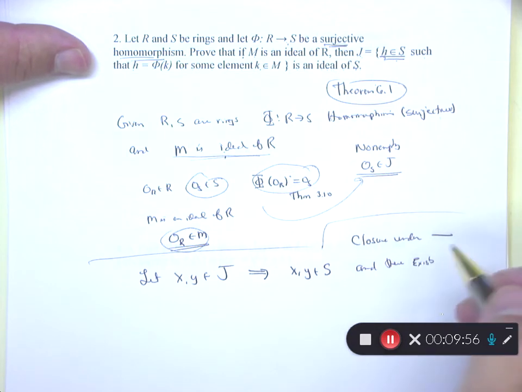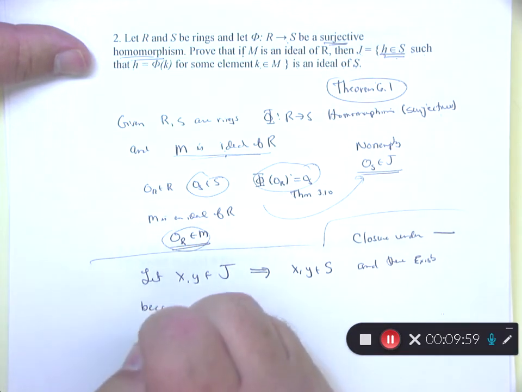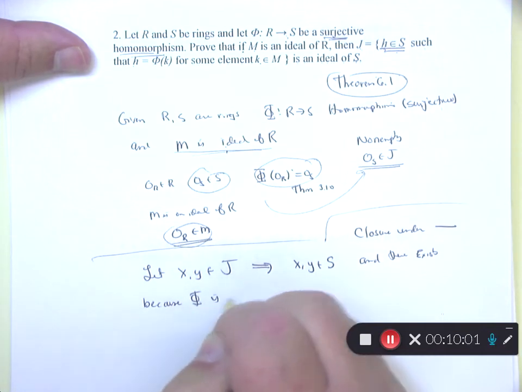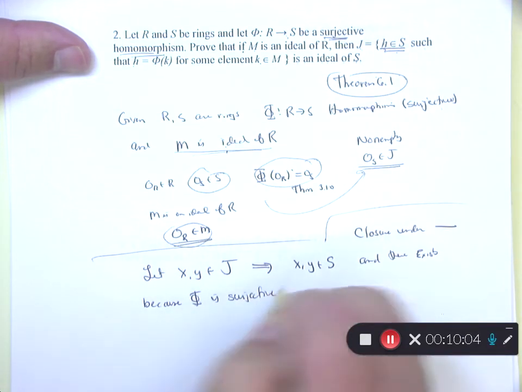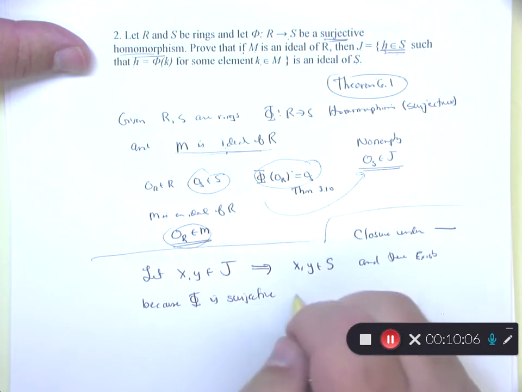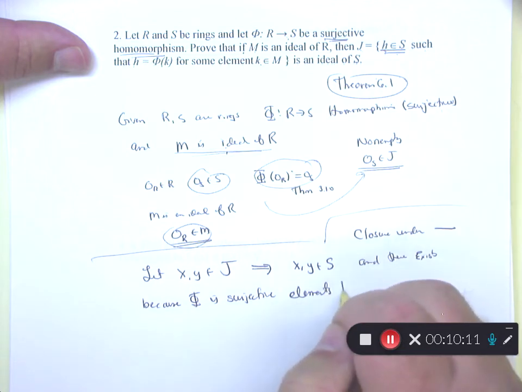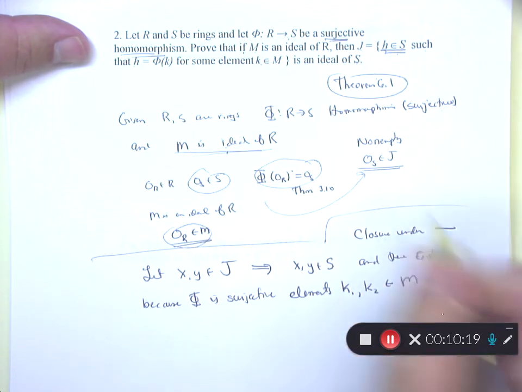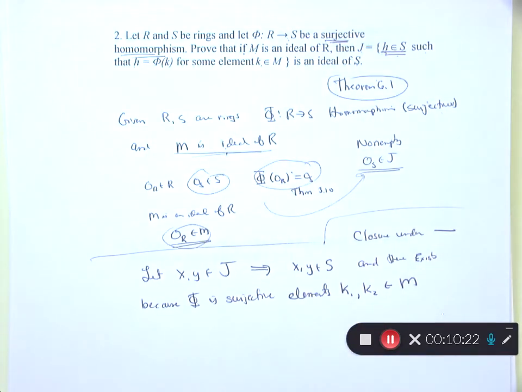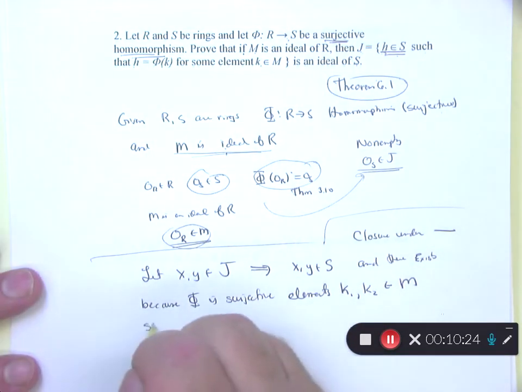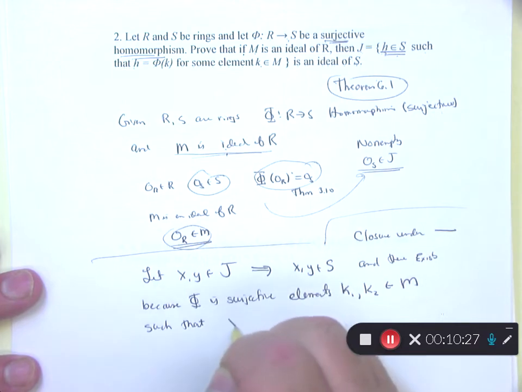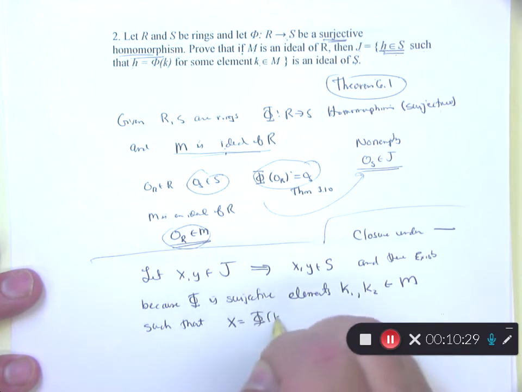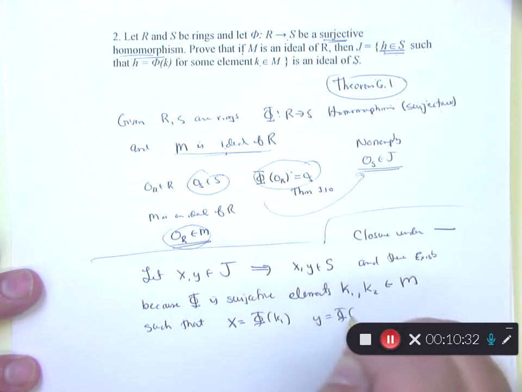because phi is surjective, there exist elements K1 and K2 in M, looking at my structure up here, such that X is equal to phi of K1 and Y equals phi of K2.